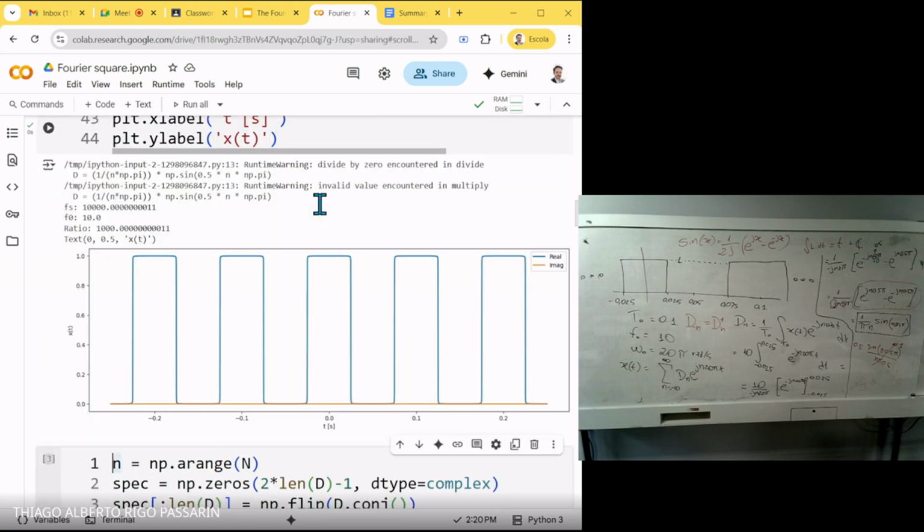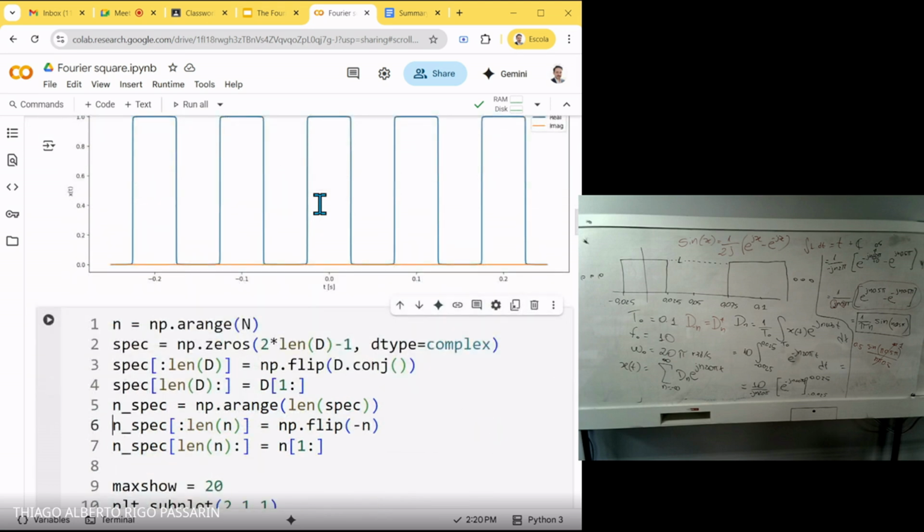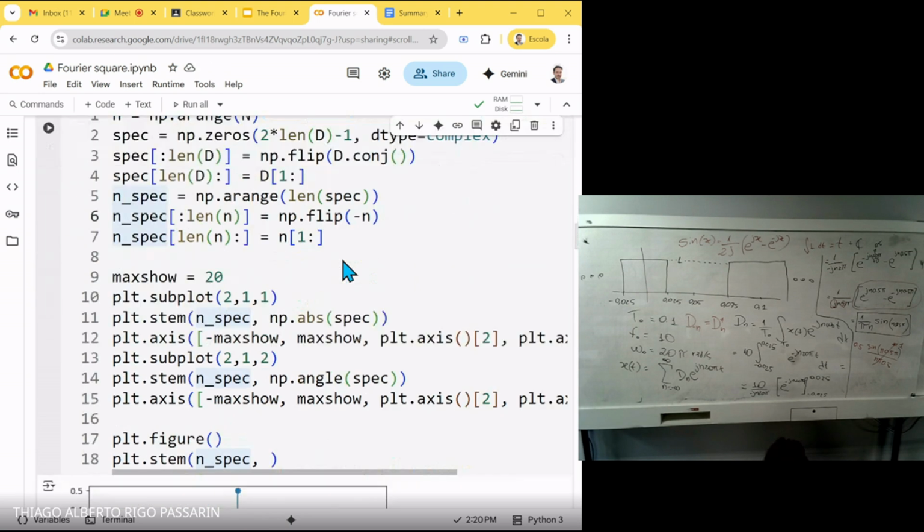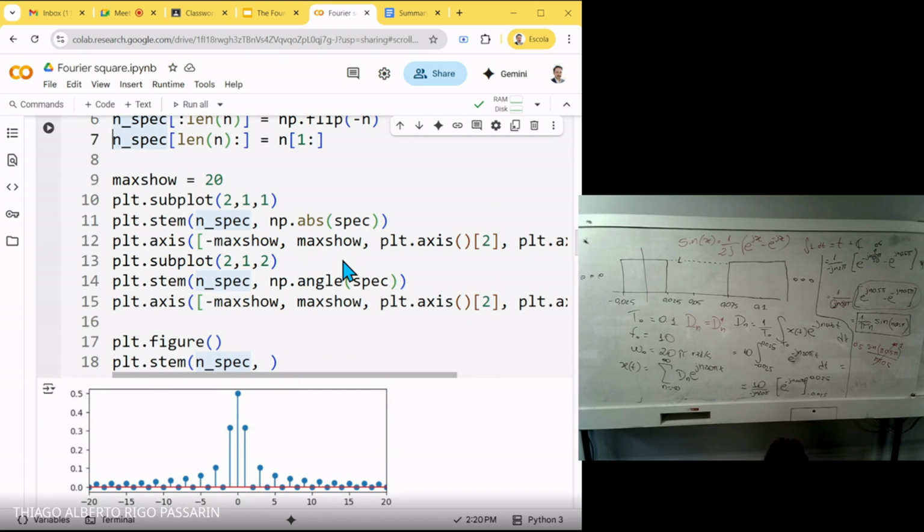Why did I create this variable and I'm not using the actual n? Yes, because I have only positive values for n. Now I want to plot the negative values of n too, so I created this n spec. And spec, which is the values of dn.